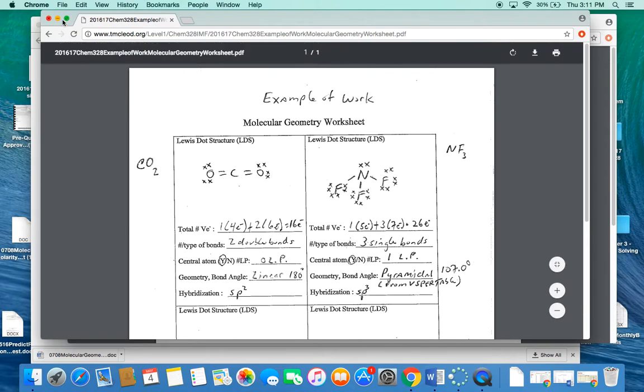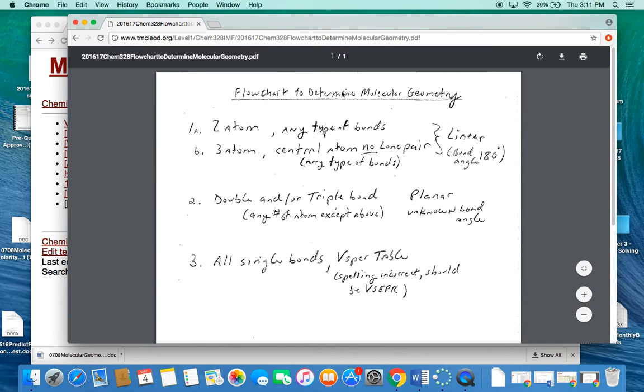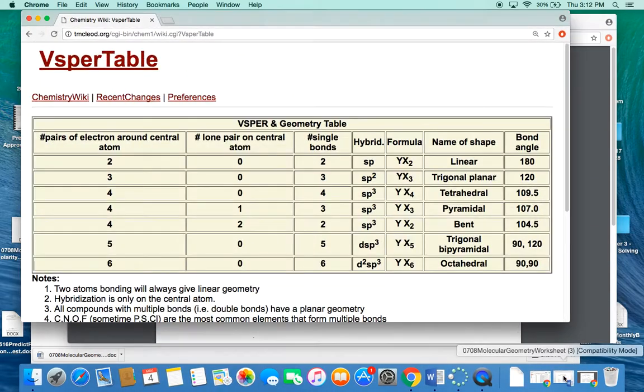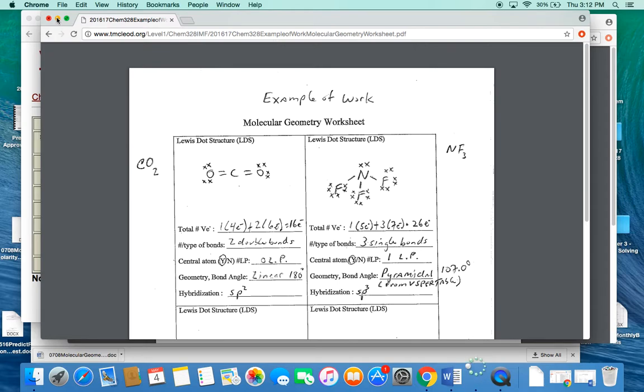So we go to our shape flow chart. Is it 2 atoms? No. Is it 3 atoms? No. Is there a double or triple bond? No. Now it's all single bonds, which is our table. We go to our table, and we look at the central atom, nitrogen. It follows the rule of 8, so it's looking for 4 pairs around it.